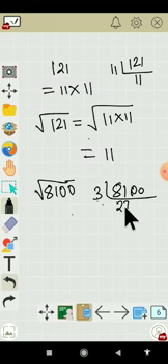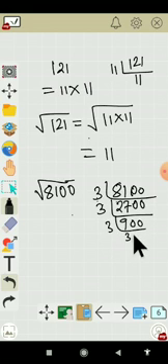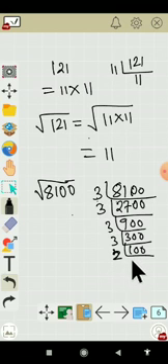So 3 27s are 81, 3 9s are 27, 3 3s are 9, 3 100s are 300, 2 50s are 100, 2 25s are 50, 5 5s are 25.